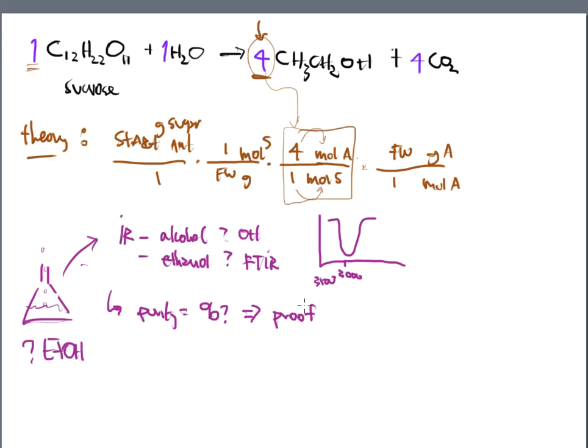Hopefully, I know I'm not going to get 200 proof, which is perfect. That would be 100% alcohol. We said the best we could probably get is 95% alcohol. So 95 times 2 is 190, right? So 190 proof is typically the best that we can get.